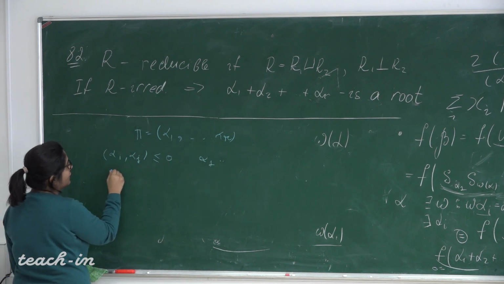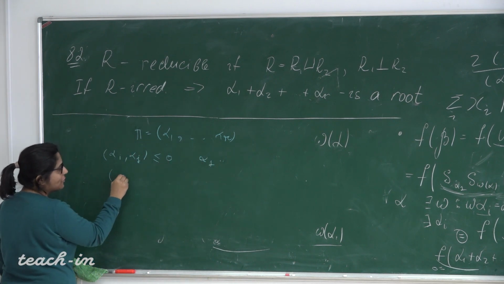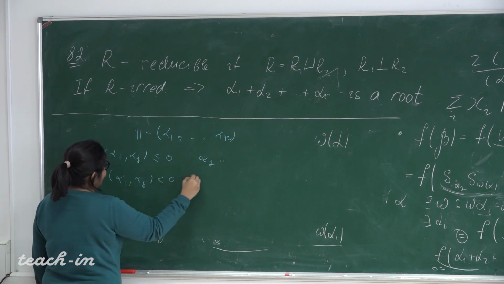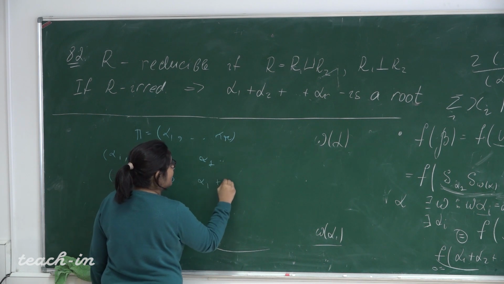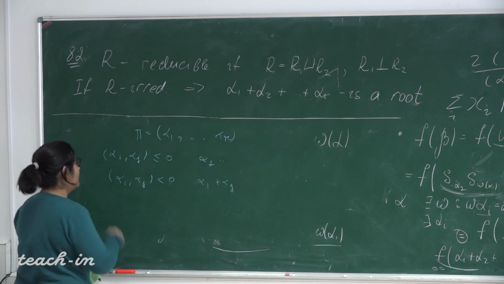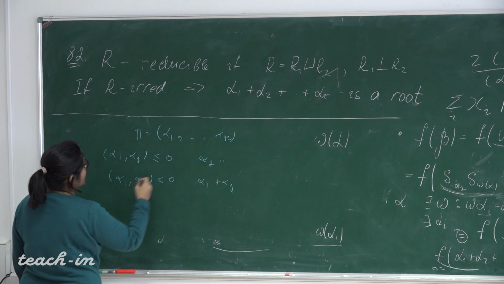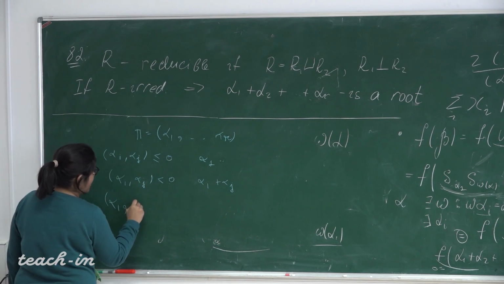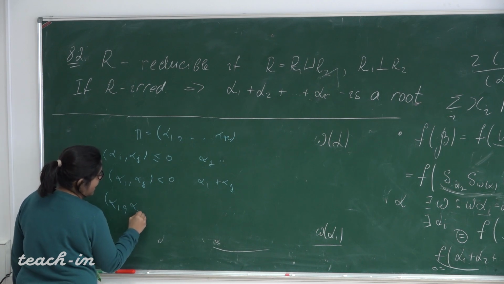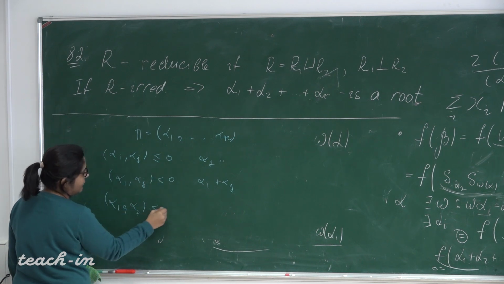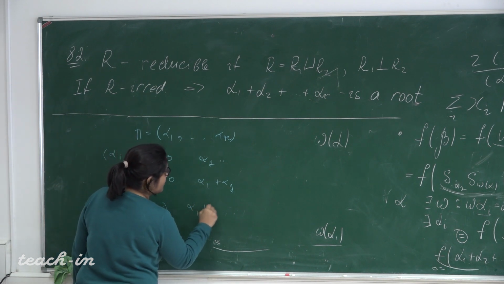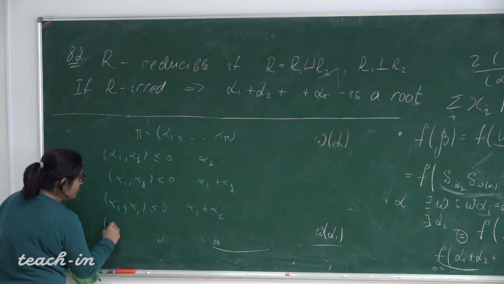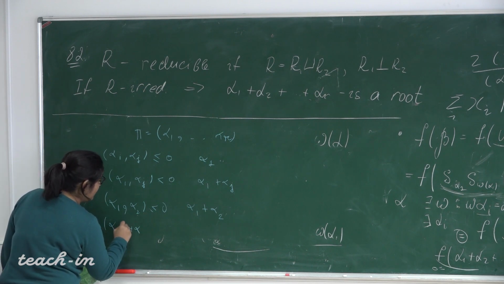Today we discussed that if this is the case, then alpha i plus alpha j is a root. So by induction I can take alpha 1, then alpha 2, so alpha 1 plus alpha 2 is a root, and I can go up to plus alpha r.